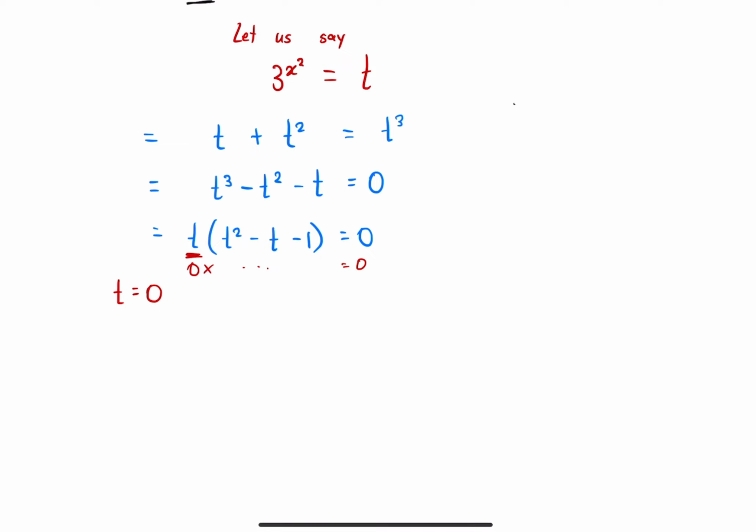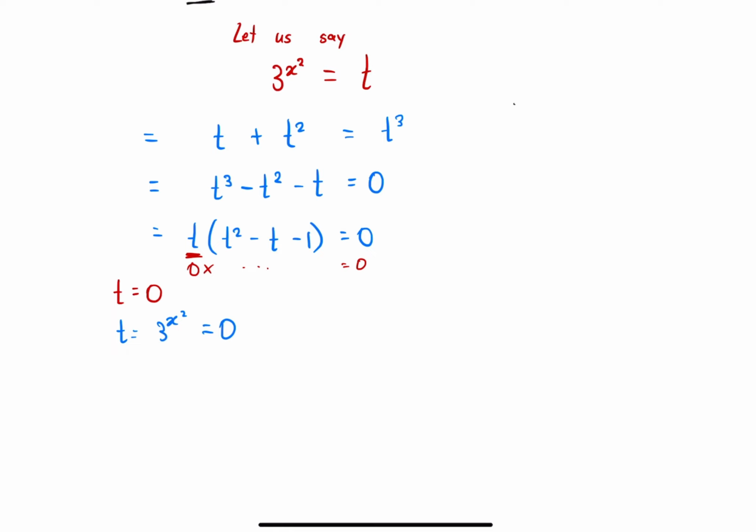No, not really. Because if you look closely, t is equal to 3 raised to the power x squared, which would also have to equal 0. But no matter what you raise x to, x squared would give us a positive integer.